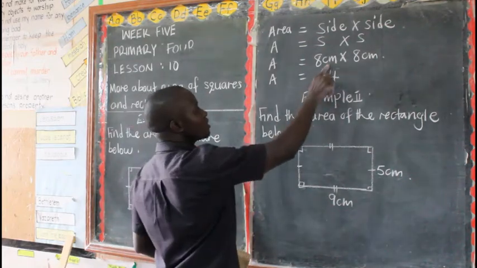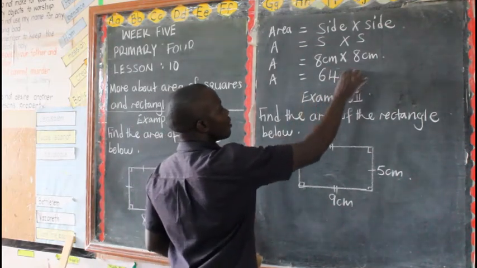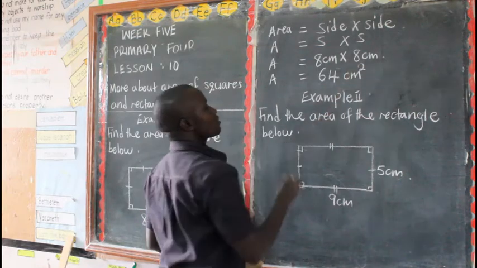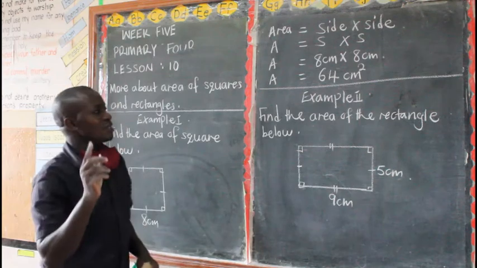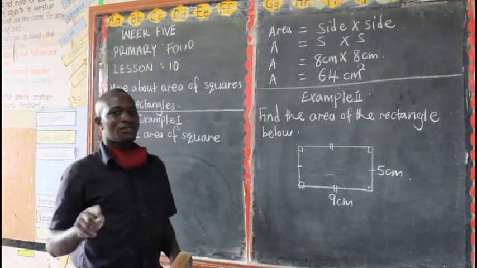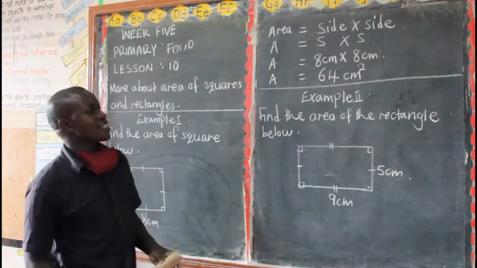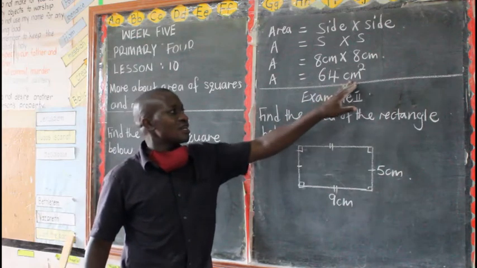And also we have centimeter times centimeter, you come up with centimeter squared. In the previous lesson, we had square units. It is now centimeter squared.